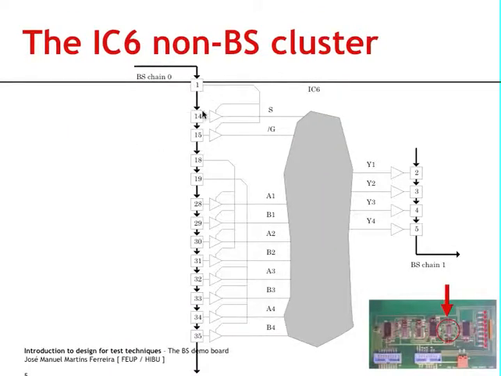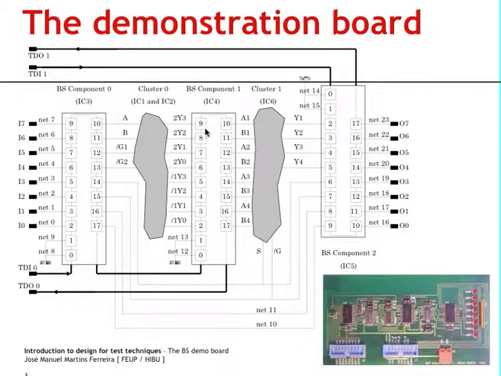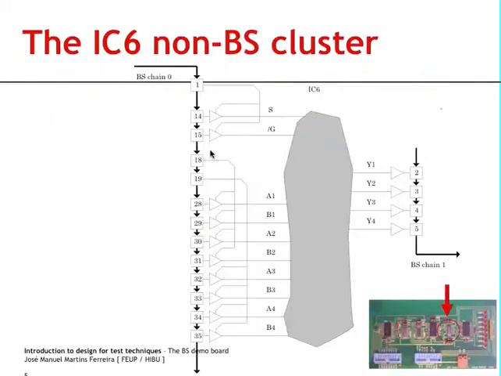So these cells belong to the leftmost device, while the second device, the one in the middle, is responsible for driving these test pins.